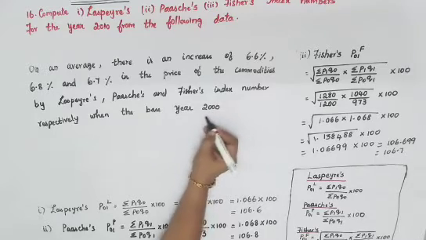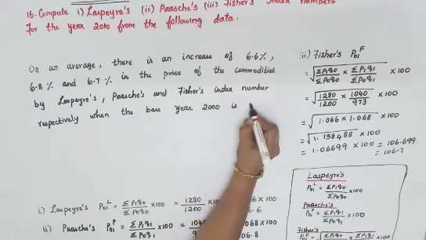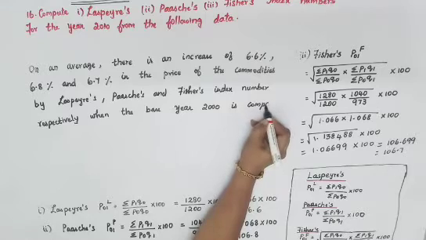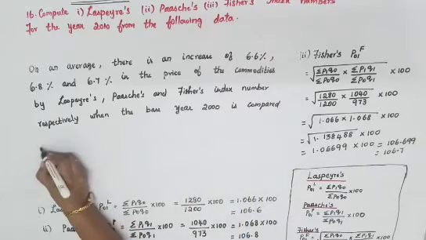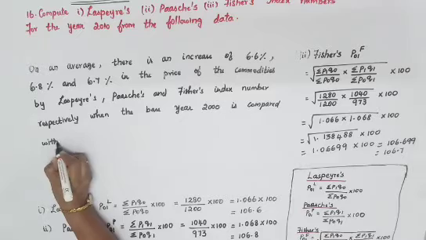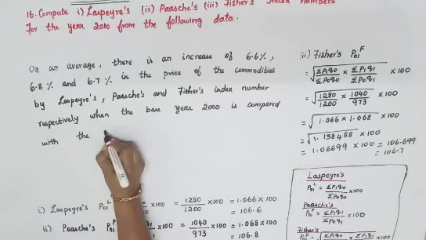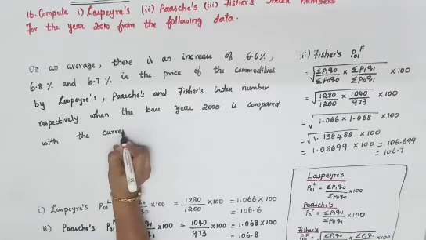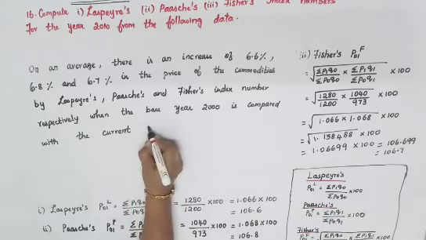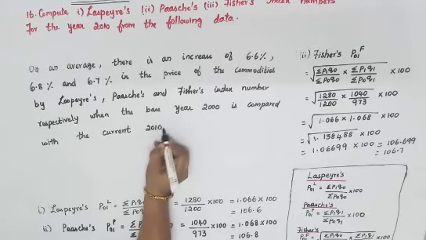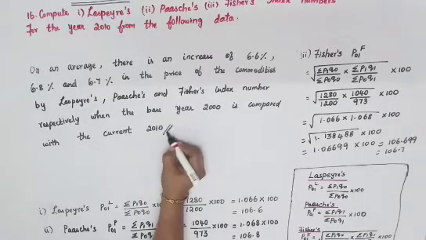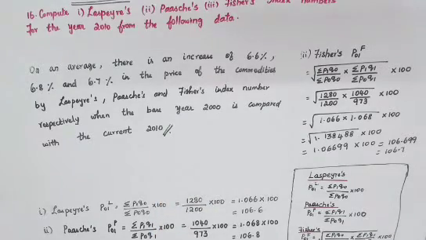Okay, so when the base year 2000 is compared with the current year, which is 2010. This is the answer for your 16th question.